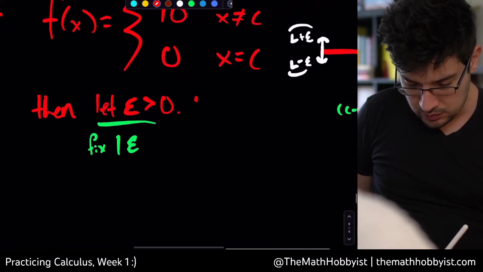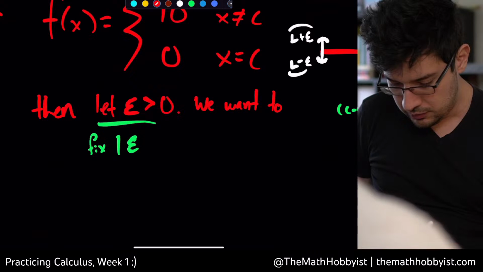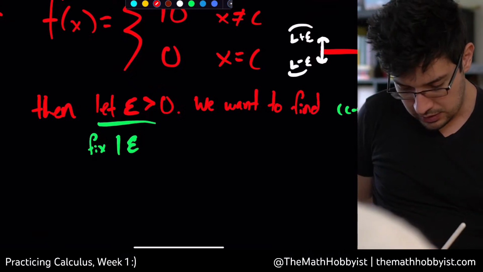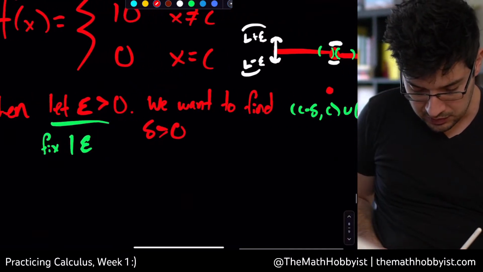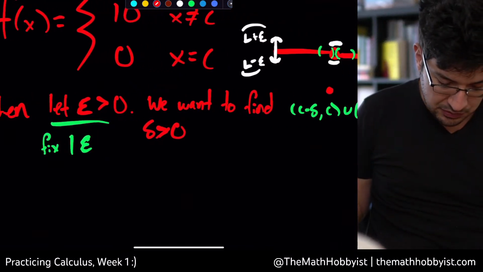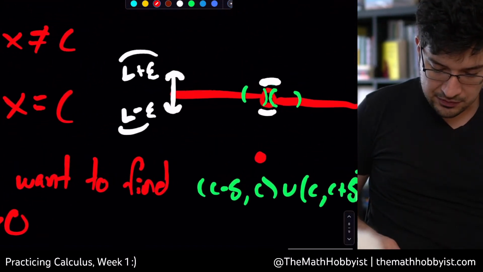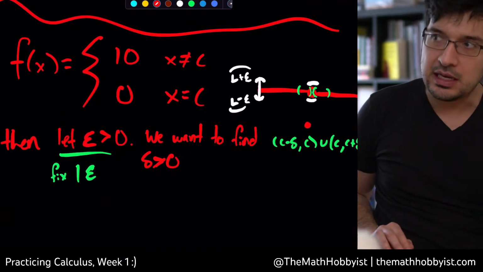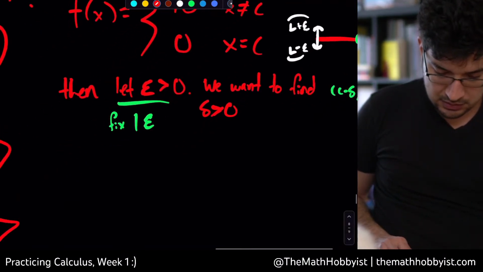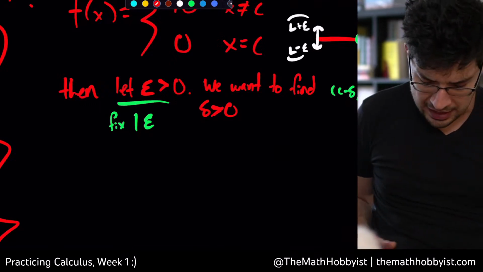And we want to find a delta, another delta greater than 0. I want to prove I have some neighbors that agree that the value should be L, even if the value isn't actually L. We want to find some neighbors to the left and the right.